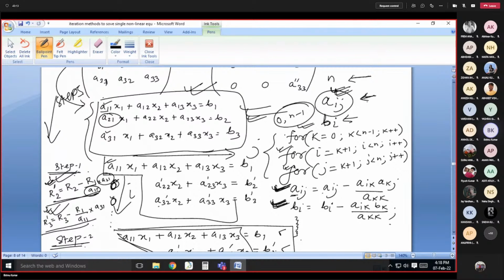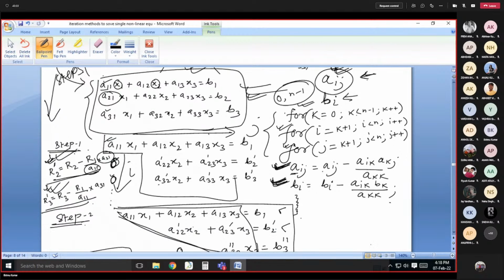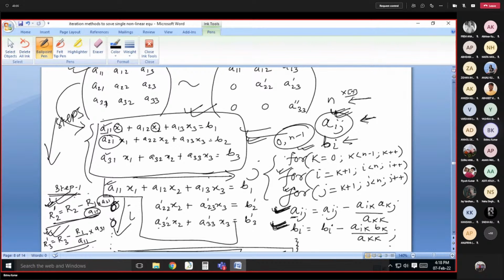You simply define the variables in float, suppose x. How many variables are there? Suppose xn. That is the maximum dimension, so you just put suppose 200. No problem.